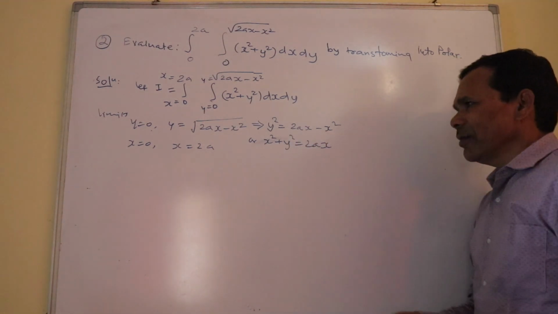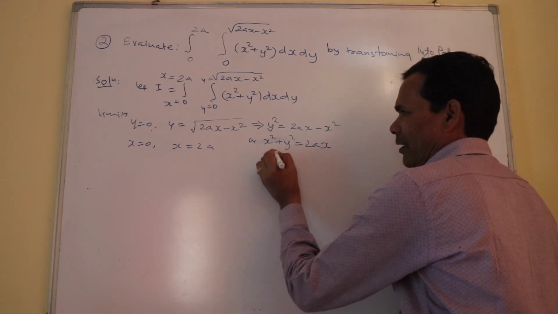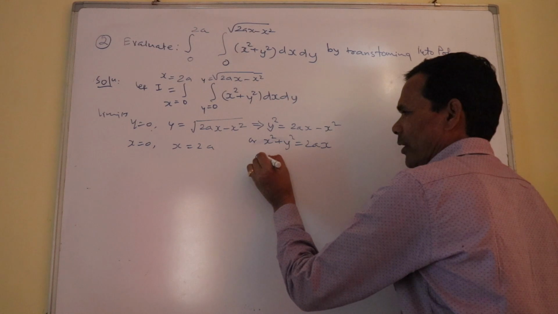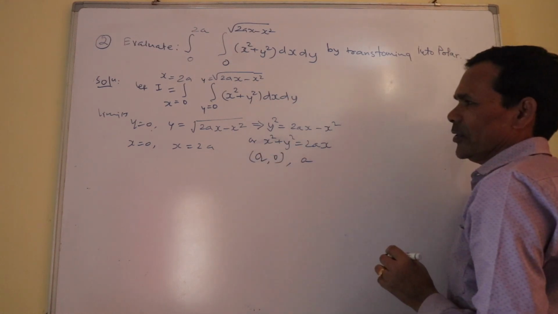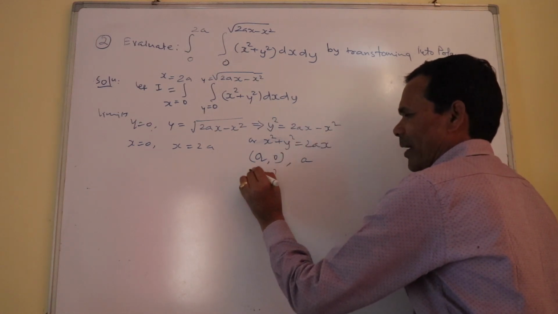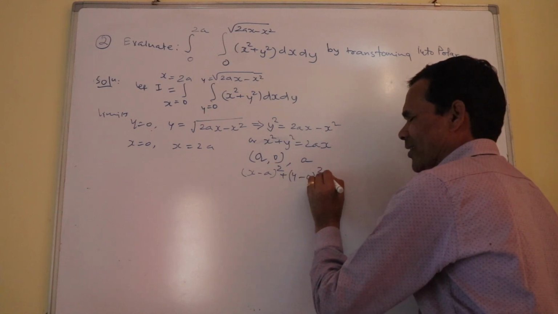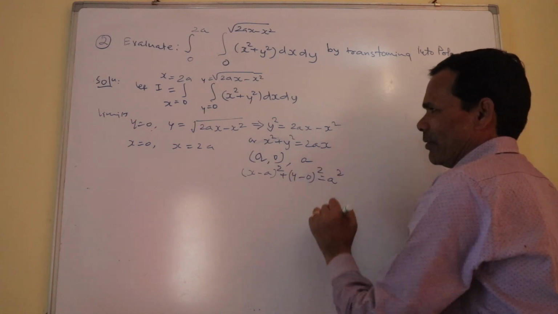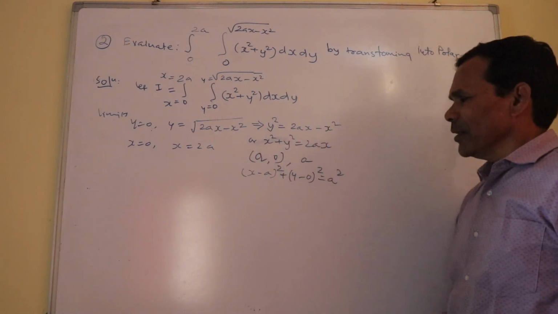So this is a circle with center at a, 0 and radius a. Or you can write this in this particular form, x minus a whole square plus y square is equal to a square. This is actually a circle touching the y-axis.